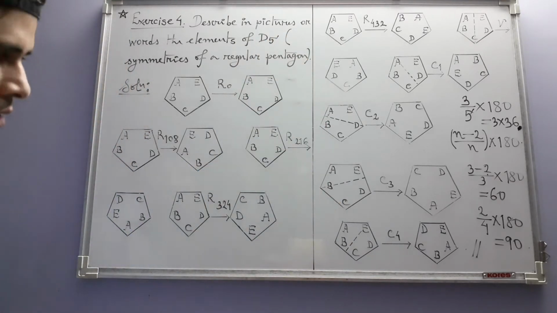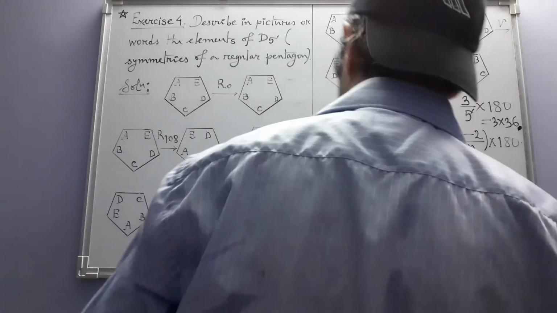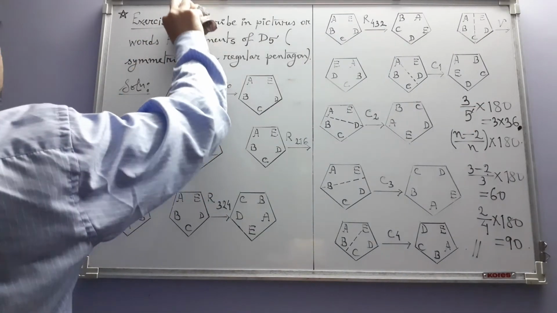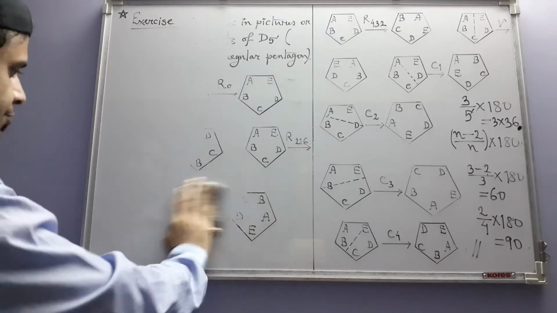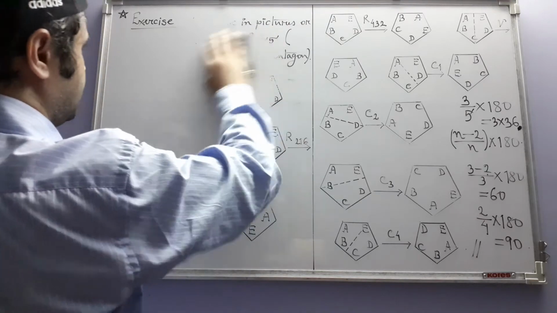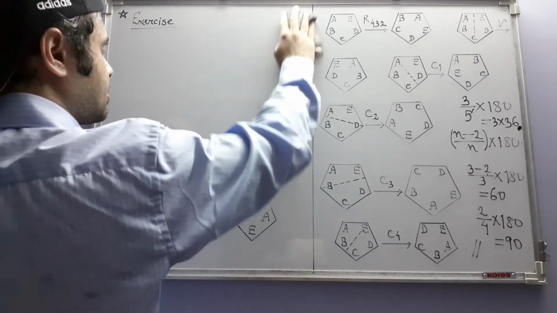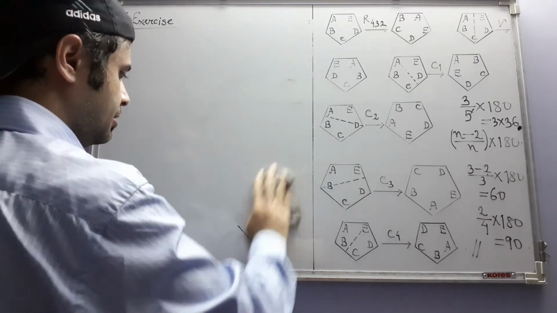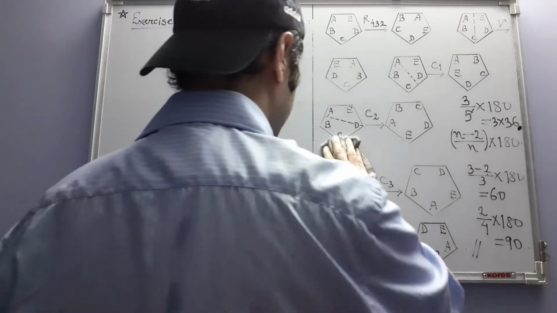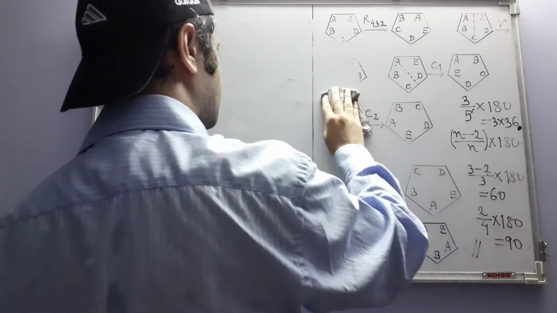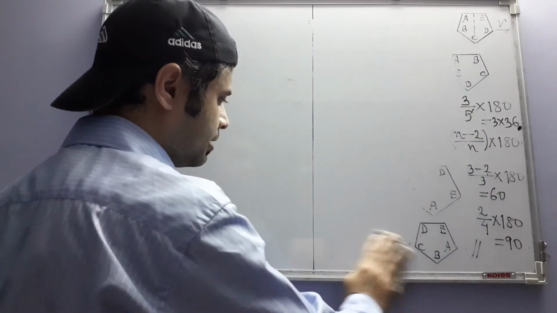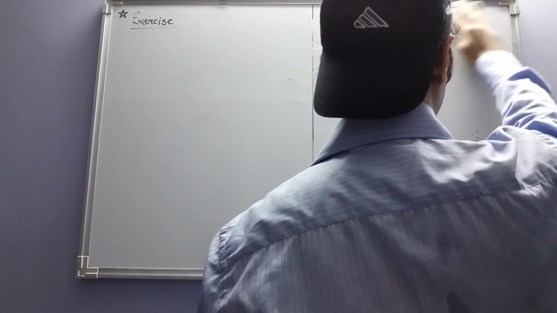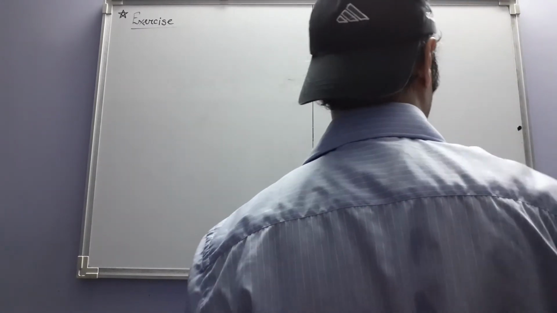So let us see the next one. This is exercise 5, and exercise 5 is going to be general. It asks us something about Dn itself, the group of symmetries of an n-sided regular polygon, where n can take any value greater than or equal to 3.